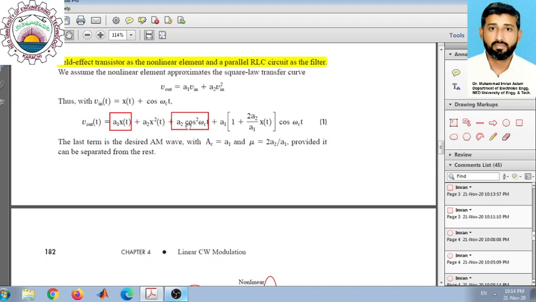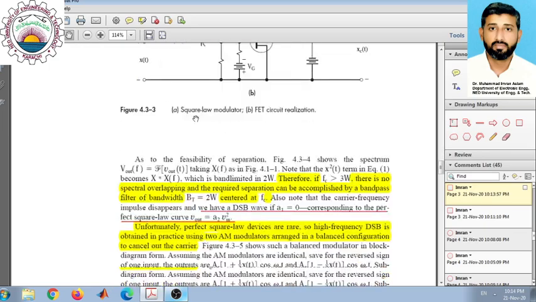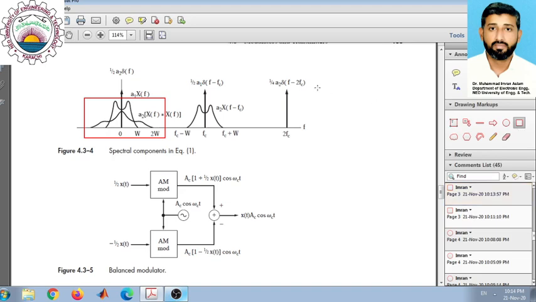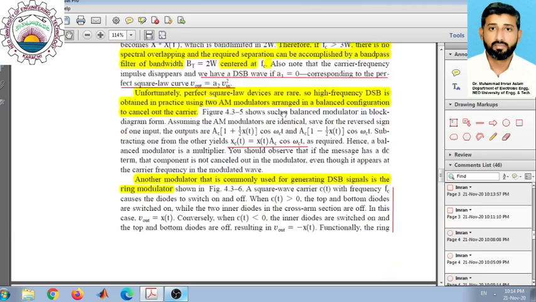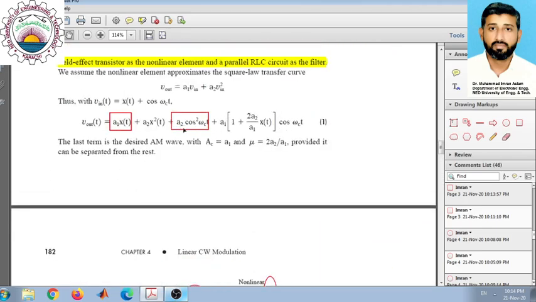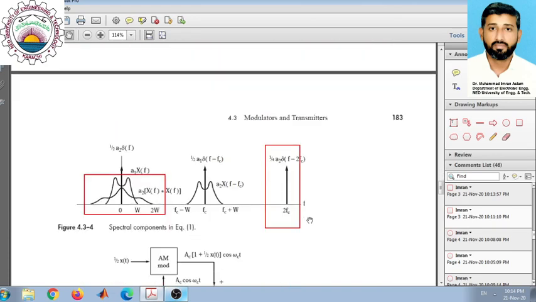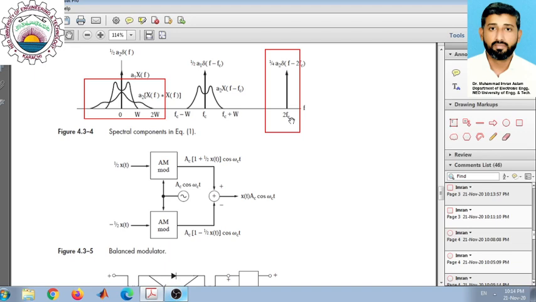So cos square omega ct corresponds to a term which is at double the carrier frequency. So you would see a component at double the carrier frequency, or 2 omega c. You can see that it is represented here. This impulse here is because of this cos square term. It will produce a component at a very high frequency. 2fc is a very high frequency, at double the carrier frequency.